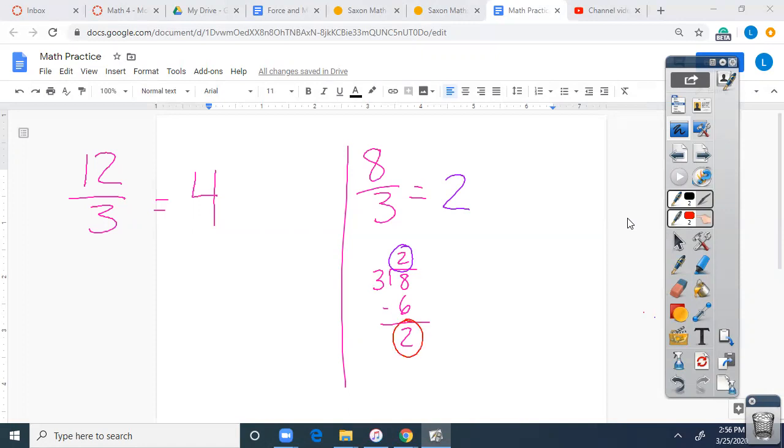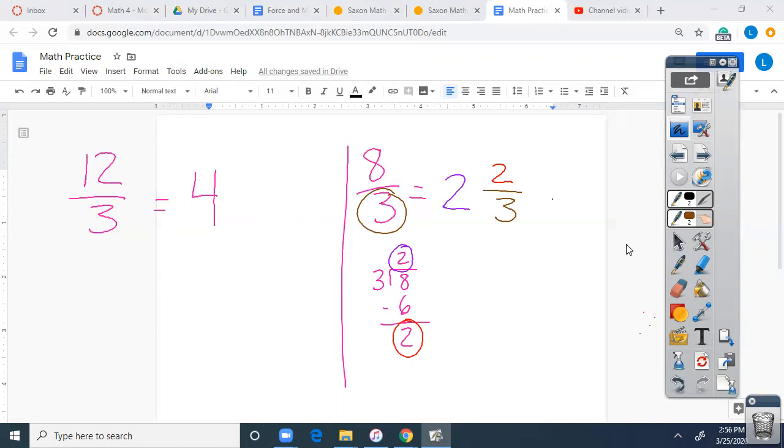This 2 goes on top, and I'm going to do brown. This 3 goes down here. So 2 and 2/3. If you need to pause that so you can look at the colors and figure out where I'm getting the different numbers, you surely can.